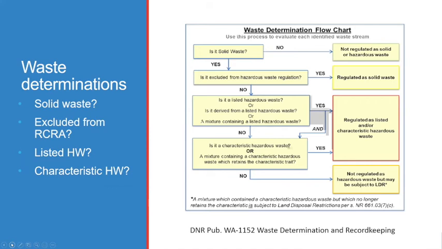So this flow chart is an excellent logic tree that you can use when you're dealing with a waste material, when you do your inventory of the waste that you're generating. It allows you to walk through, ask questions, and based on the answers to those questions, it will lead you down to the way that material should be properly classified, and the way that material will then be properly managed and disposed of. Next slide, please, Marcy.